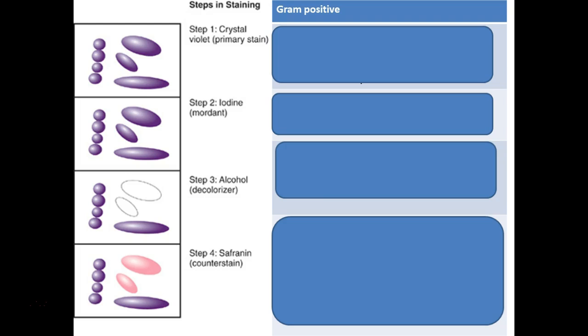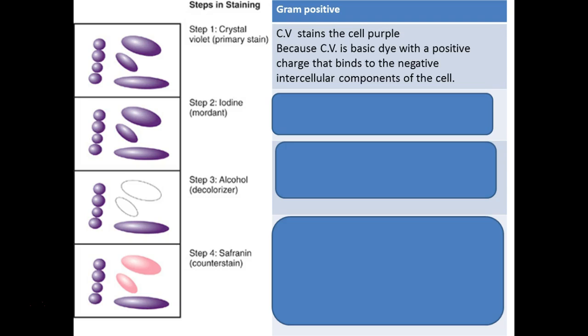All right, so let's review these steps. Gram positive: we stain it with crystal violet. It's going to be purple, because crystal violet, positively charged, goes in the cell and stains it purple. You add the iodine. What happens when you add the iodine? Still purple.